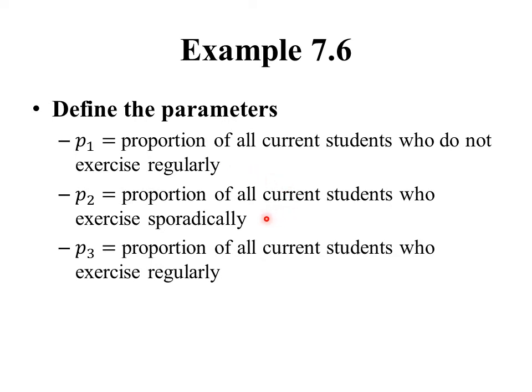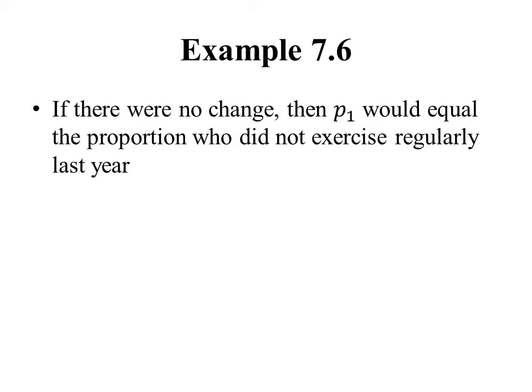P2 is the proportion of all current students who exercise sporadically. And then P3 is going to be the proportion of all current students who exercise regularly. Notice that in all these parameters we use the word all. That's again to stress the fact that we are making a claim about the large population of all students, not just the 470 in our sample.